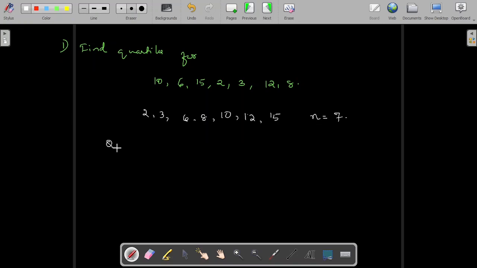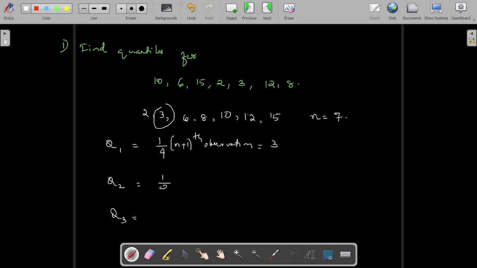Therefore, I need to find out now Q1, Q2 and Q3. So what is Q1? That is value corresponding to 1 by 4 into n plus 1th observation. So that I have to find out, which is equal to n is 7, 7 plus 1, 8 by 4 means second observation. Which is the second observation? That is 3. Therefore, Q1 equal to 3.